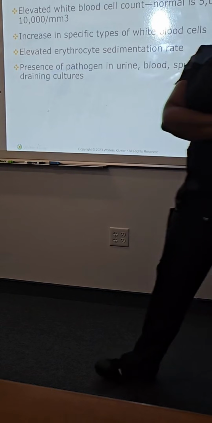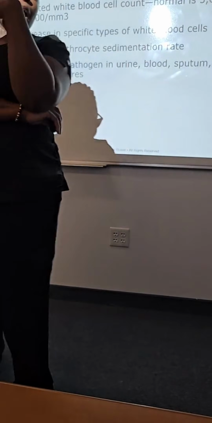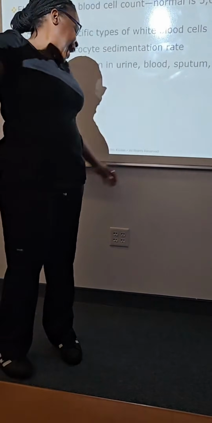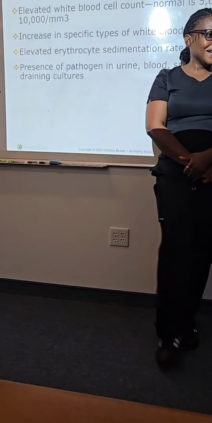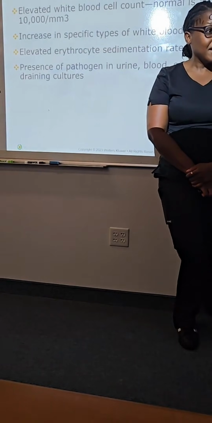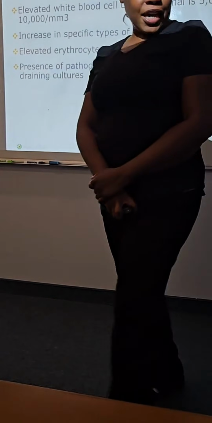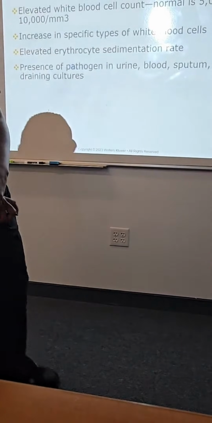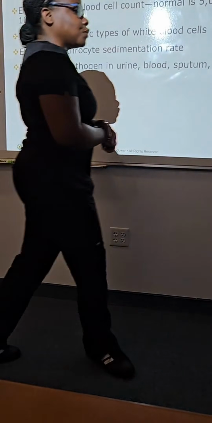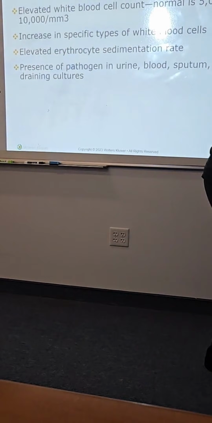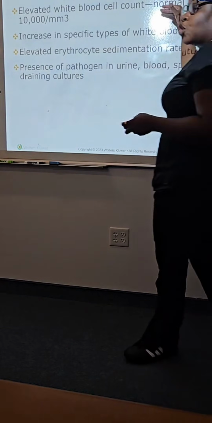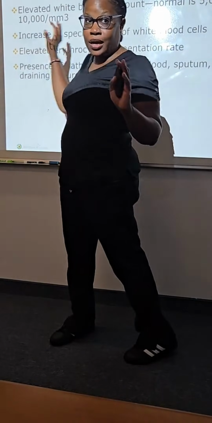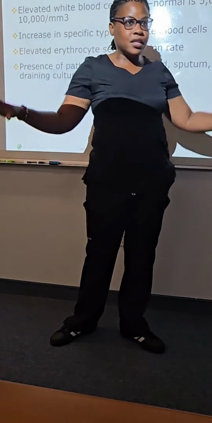Viral infection. It could be another type of infection. So now it's going to probe you to look for other information as to what is actually going on with this client. That's all I'm going to need you to know at this level.